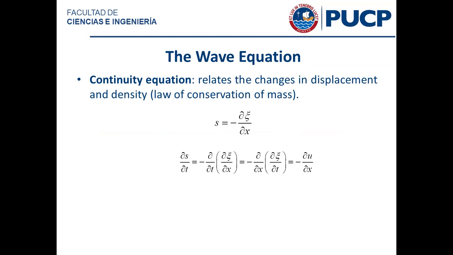When we go to the second equation, we have the continuity equation, which is relating the changes in particle displacement and mass density. This is basically the law of conservation of mass, which is telling us that the condensation, that is the fractional change in mass density, is equal to minus the derivative with respect to x, the spatial variable, of the particle displacement.